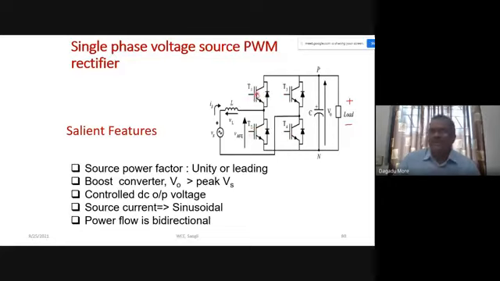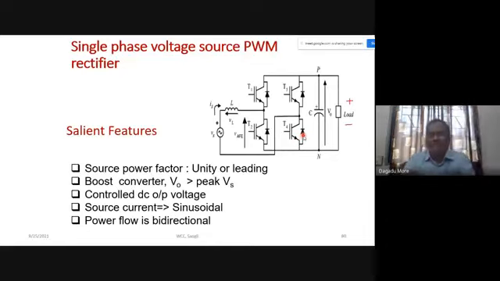The first leg devices are numbered 1 and 2, and the second leg devices are 3 and 4. We took this from one paper and stick to this convention for the single phase voltage source PWM rectifier. The devices used are insulated gate bipolar transistors.